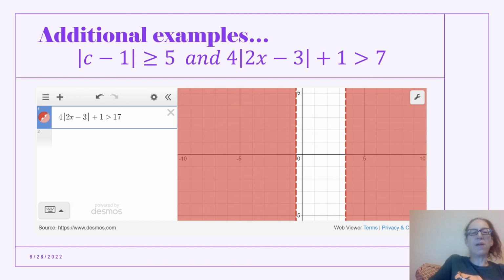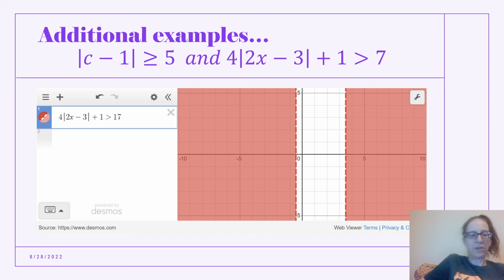Now, this is one that I solved by hand earlier. So this was one of our example problems by hand. 2x minus 3. And then we'll do plus 1. And this one just has is greater than. It does not have the or equal to.